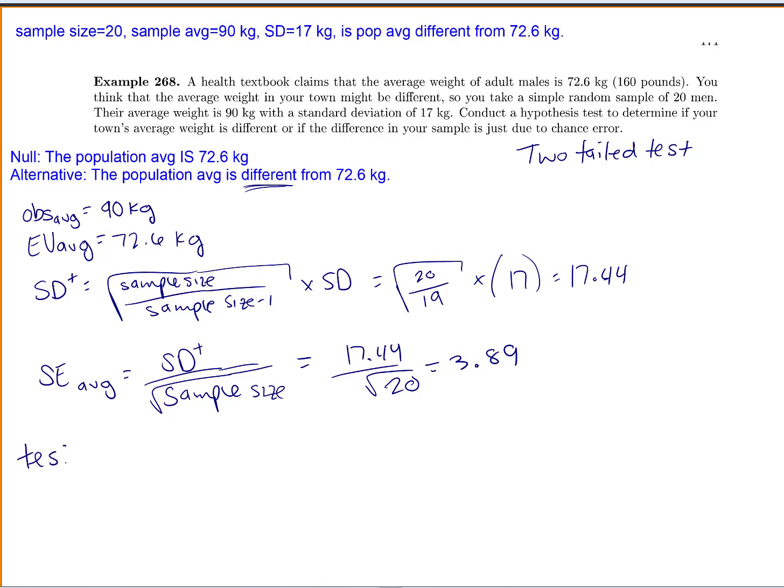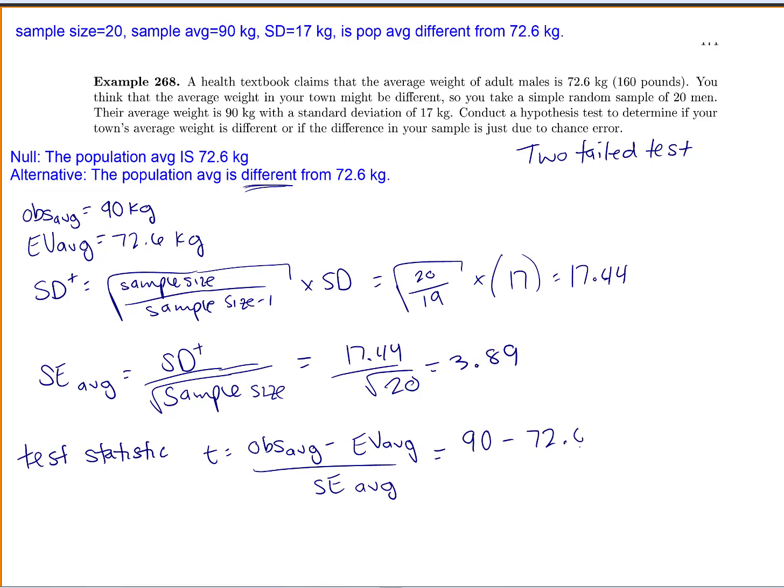Now that I've done all that preliminary work, I can find my actual test statistic T. T is equal to your observed average minus the expected value for your average, over the standard error for your average. So our observed average was 90 minus the expected value of 72.6, over the standard error of 17.44.